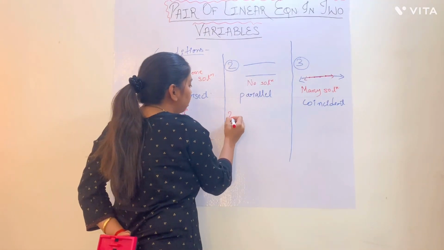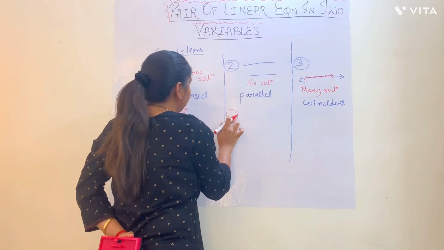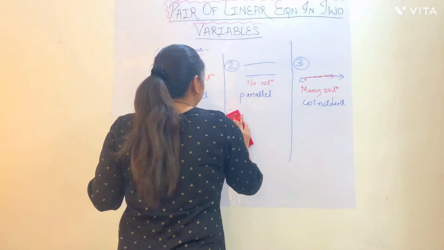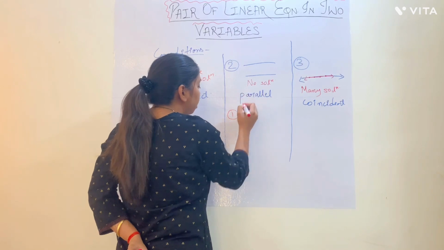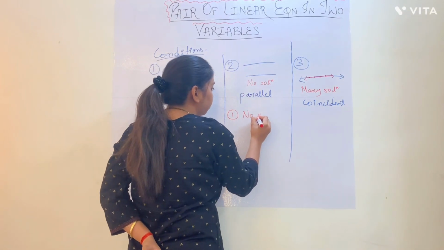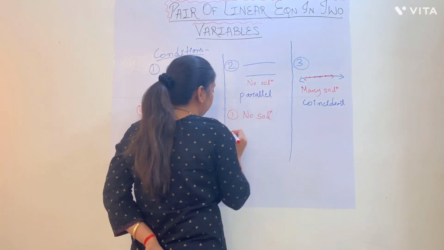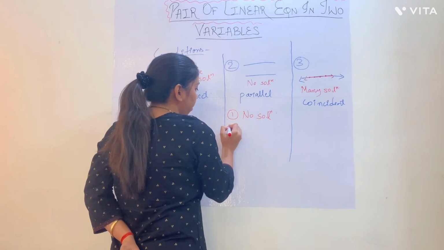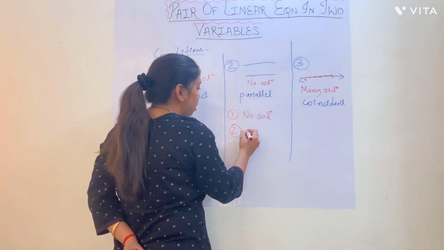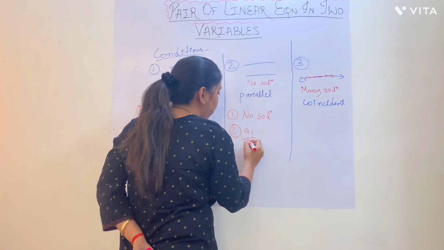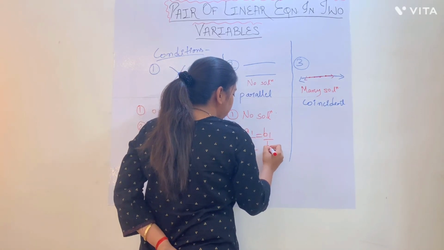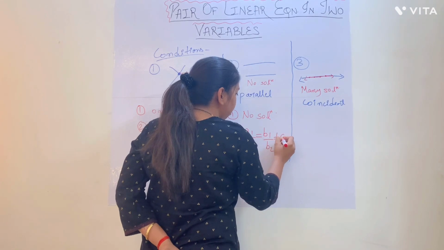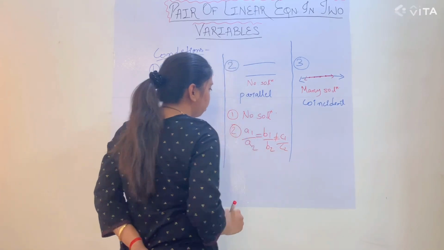And in parallel lines, there is no solution. The ratios of constants are a1 upon a2 is equal to b1 upon b2 is not equal to c1 upon c2.